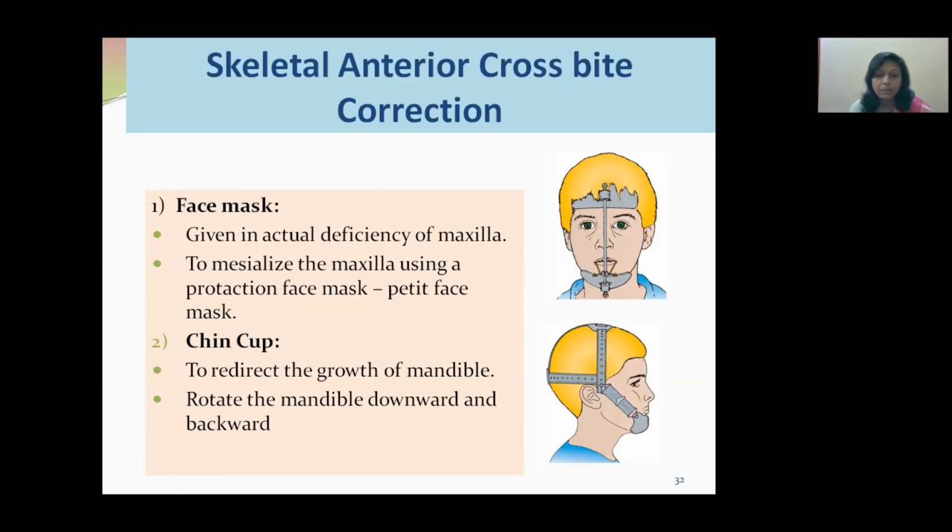In cases where the mandible is at fault and the class 3 malocclusion and anterior crossbite are due to mandibular prognathism, in the interceptive procedures, we can use the chin cup to redirect the growth of the mandible. The chin cup will rotate the mandible downward and backward and will reduce the severity of developing class 3 malocclusion.